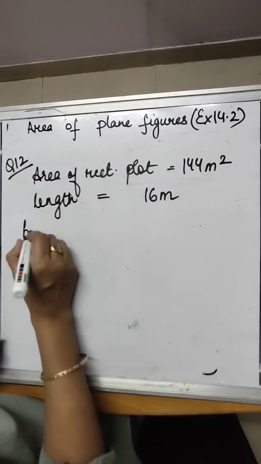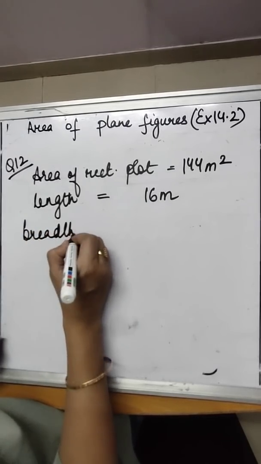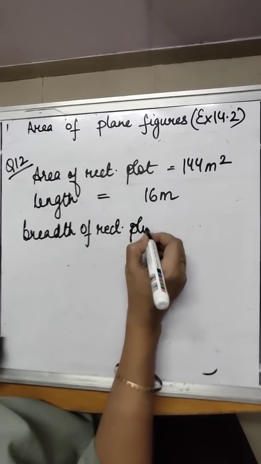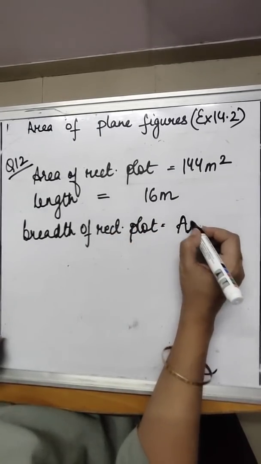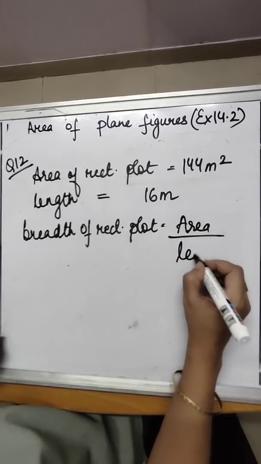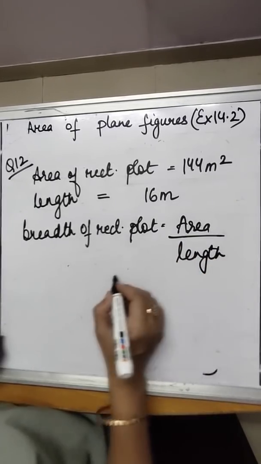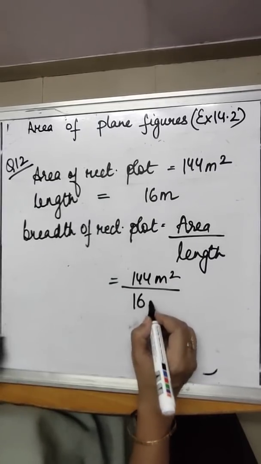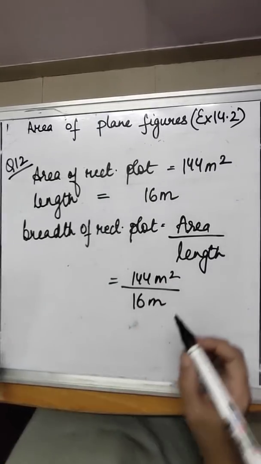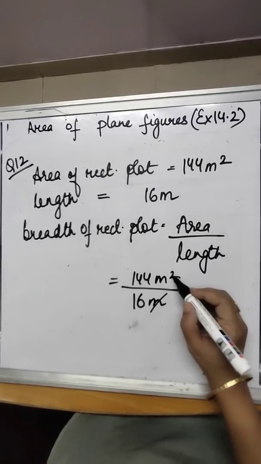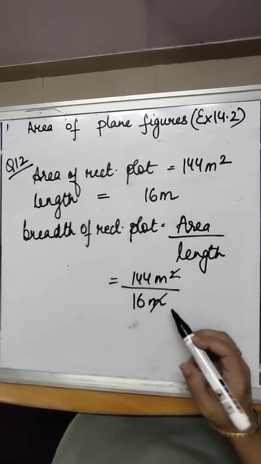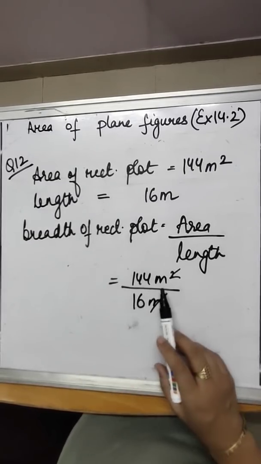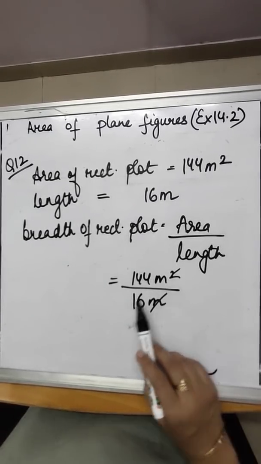So the breadth of the rectangular plot will be area upon length, and that will be 144 meter square upon 16 meter. So 1 meter and 1 meter will be cancelled, so we are left with 1 meter, and since it's breadth, that is why we are left with 1 meter. Now let's cancel this.